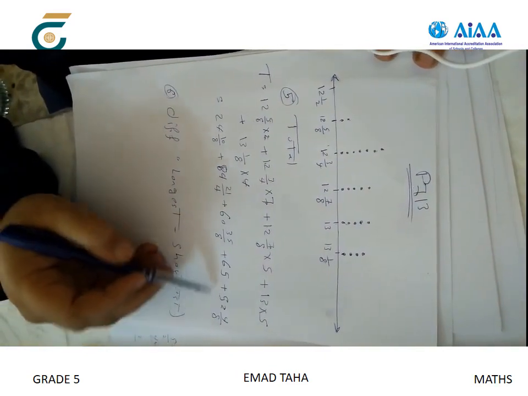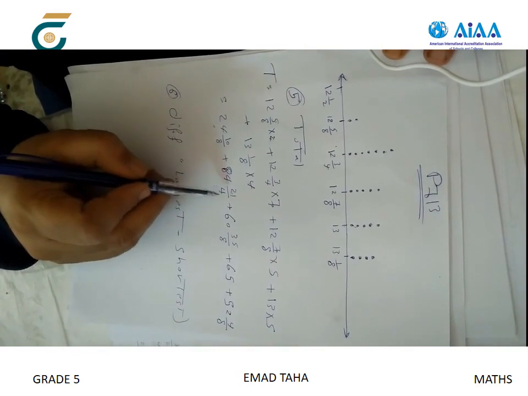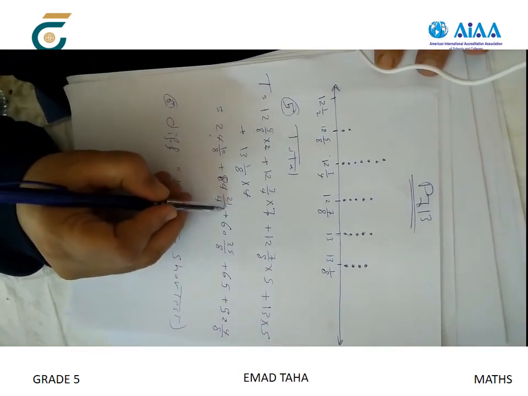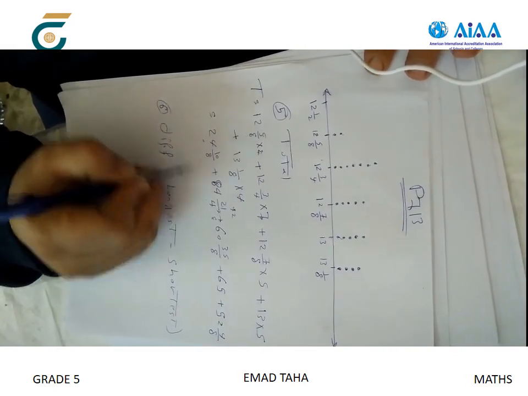Now we can add all the numbers because they have the same denominator except 21/4. So to make it eighths, multiply by 2, it will be 42/8.